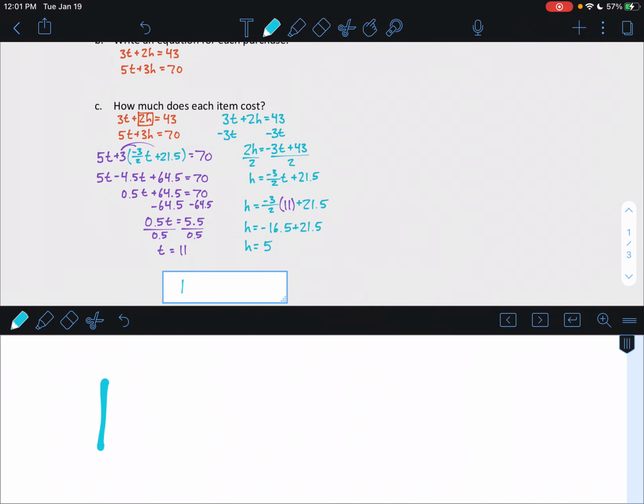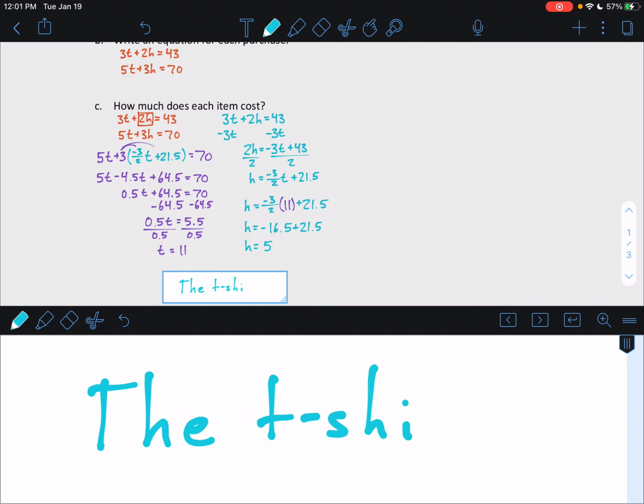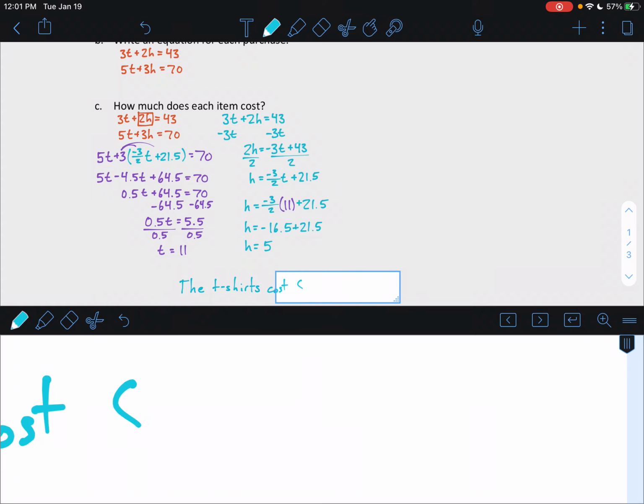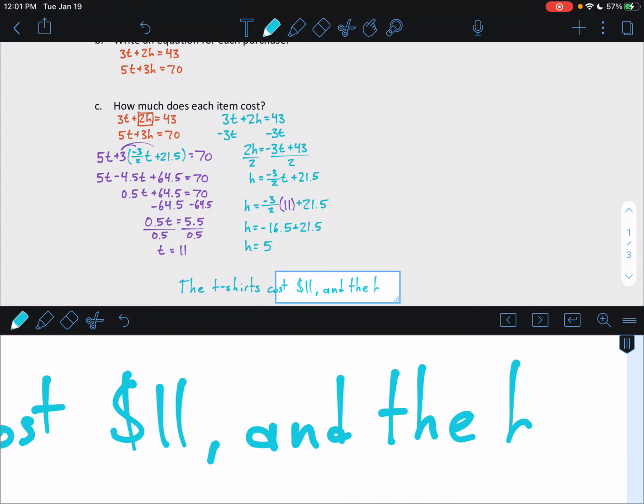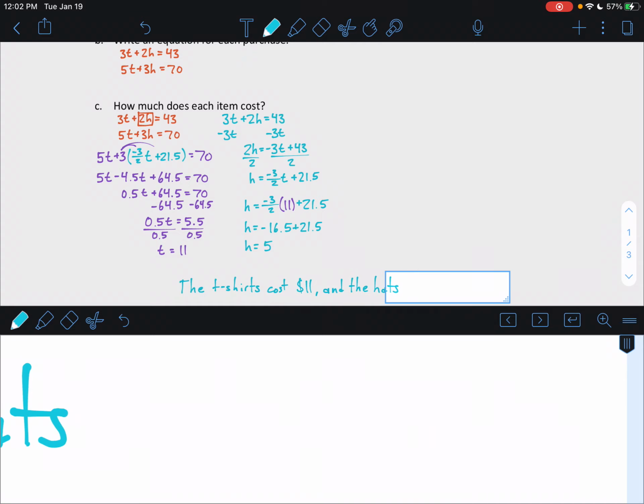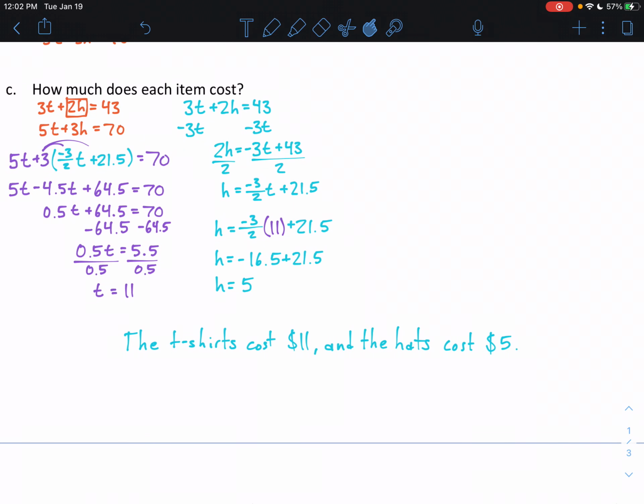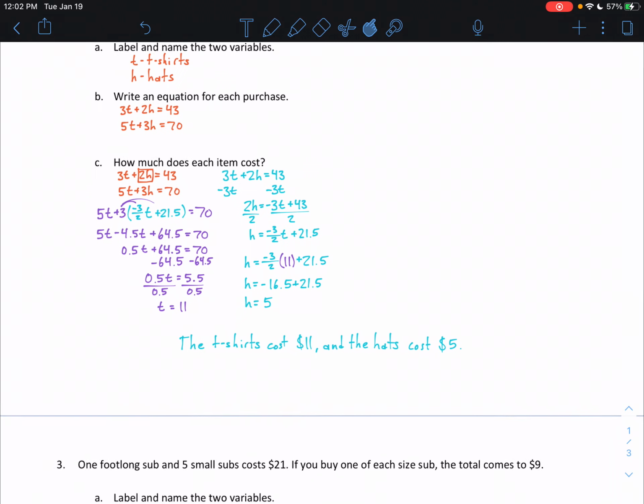So I'm going to say the t-shirts cost $11 and the hats cost $5. And that is a full sentence that sums up everything I just did. So the t-shirts cost $11, the hats cost $5.